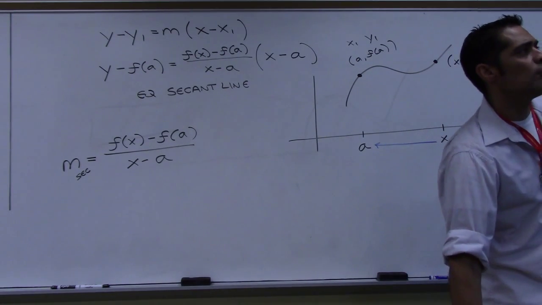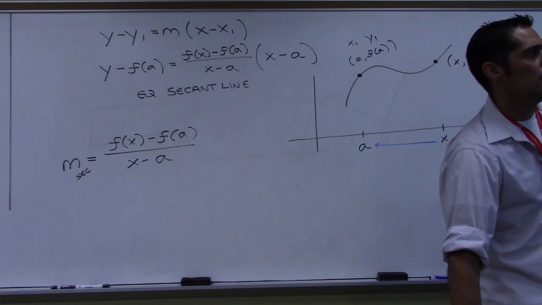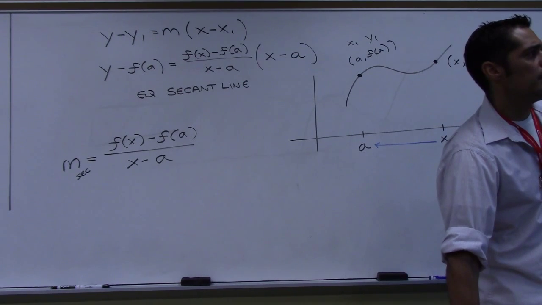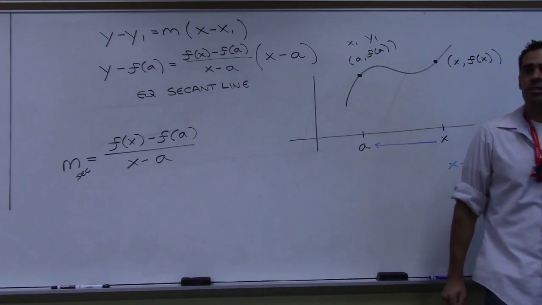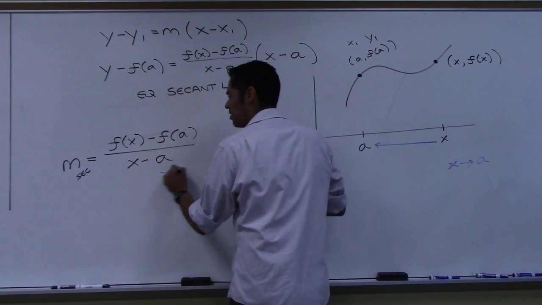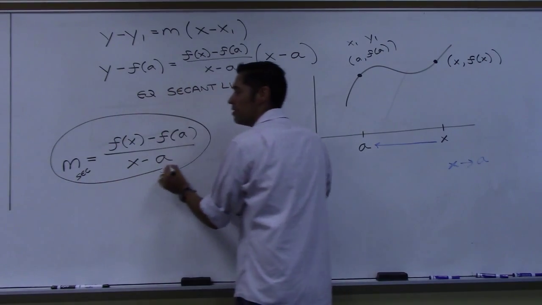So in order to get around this issue of getting 0 over 0, we are going to replace it with a limit. What we will do is define the slope of the tangent line to be just a slight modification of this.